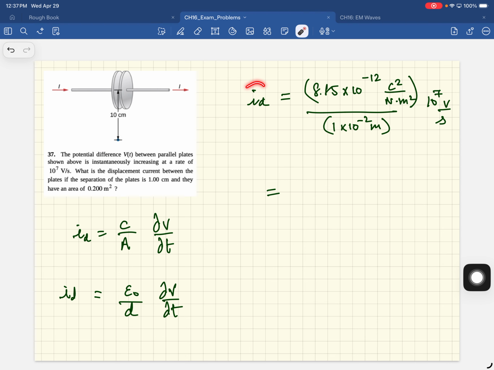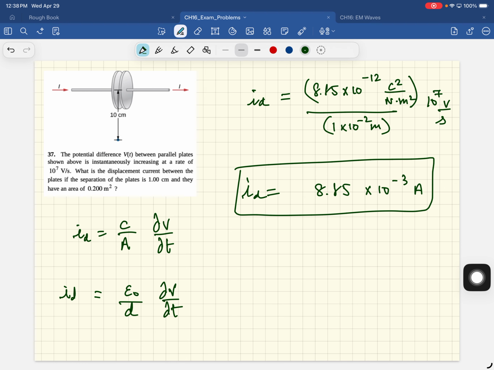And this is a current, so all this will work out to be amperes. So this is 10 to the minus 5, 10 to the minus 3. So 8.85 into 10 to the minus 3 amperes. So 9 milliamperes. Yep.